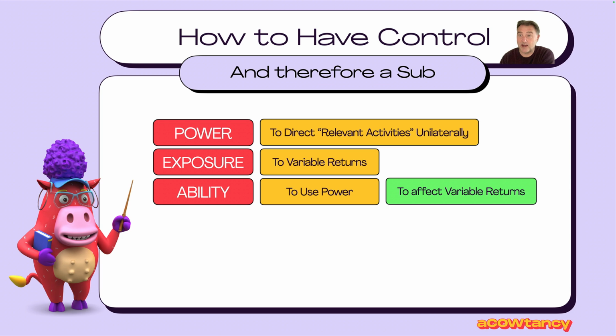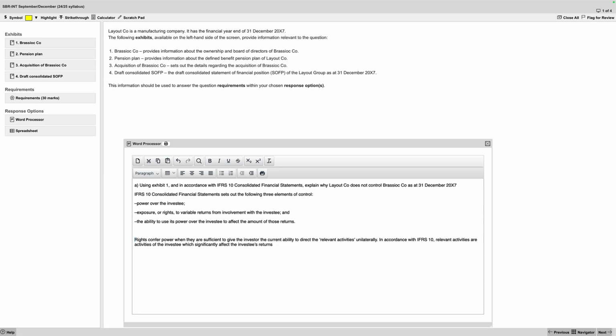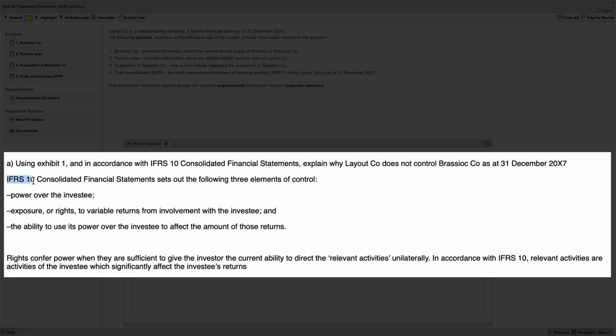Let's go back and now apply it. I want to show you exactly how the examiner answered it, and it should be quite straightforward to you. First of all, IFRS 10 is mentioned. There are no marks for mentioning the standard name or number, but it's just there to tell you where it came from. You could put 'the standard says', whatever. Three elements of control. Power over the investee, yeah, we got that. Exposure or rights to variable returns from involvement with the investee, yeah, we got that.